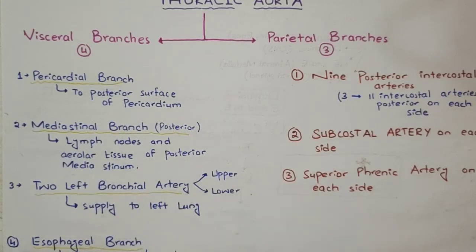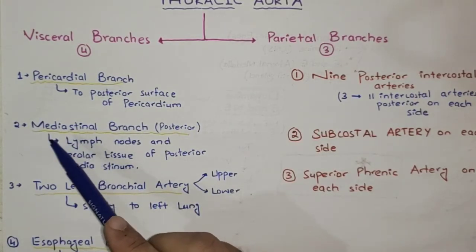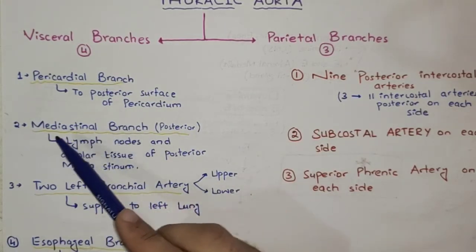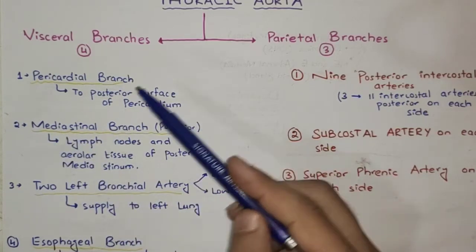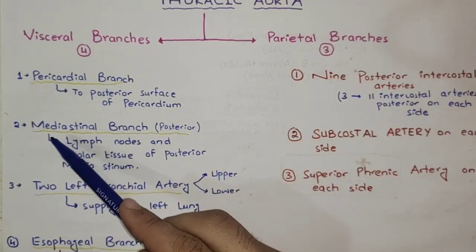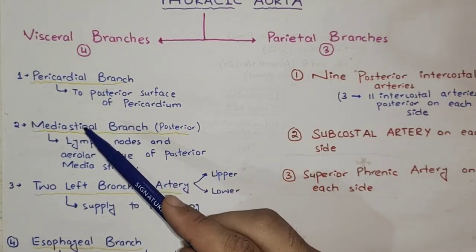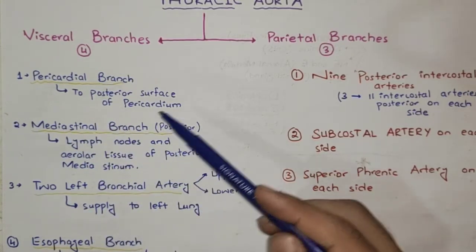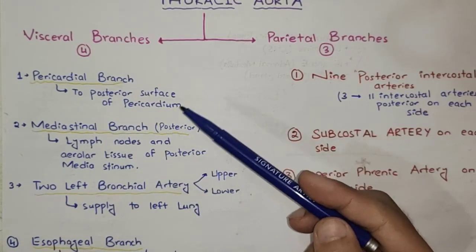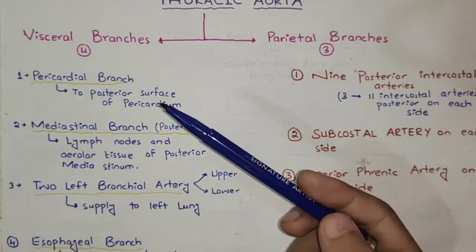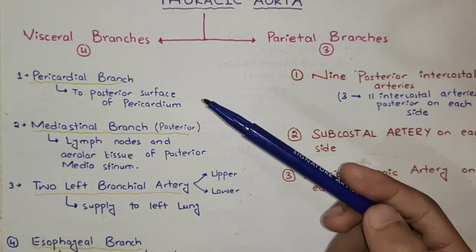The other branch is the mediastinal branch. As we can understand from the name, mediastinal branch will supply the mediastinum. Okay, which mediastinum? There are superior mediastinum, middle mediastinum, anterior, posterior mediastinum, inferior mediastinum.